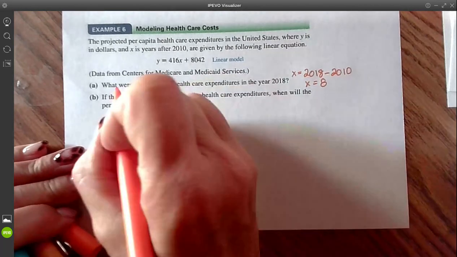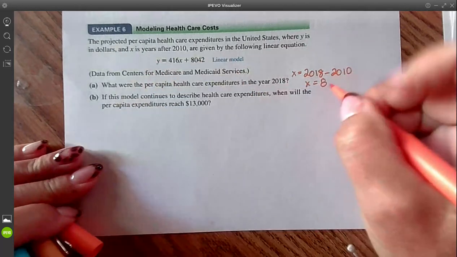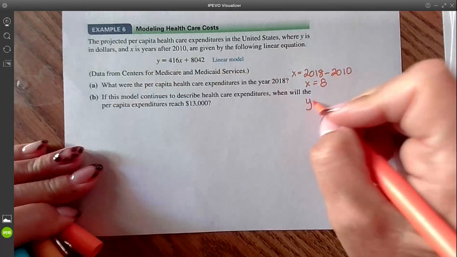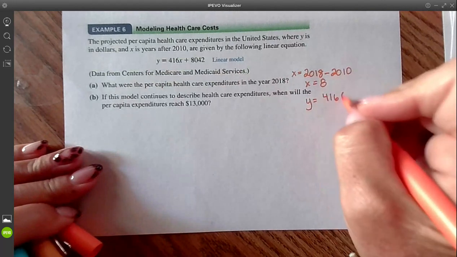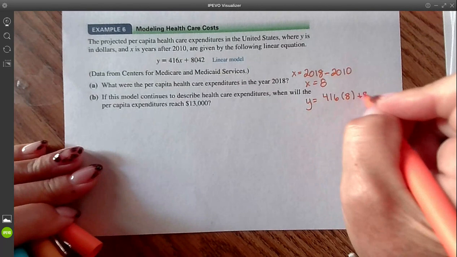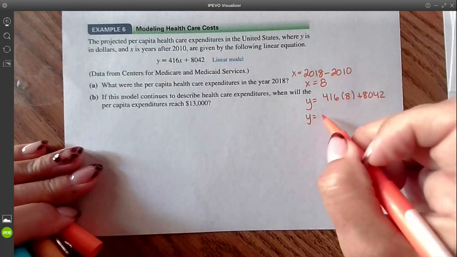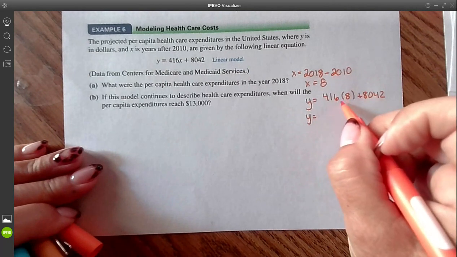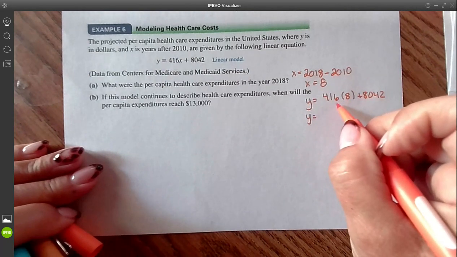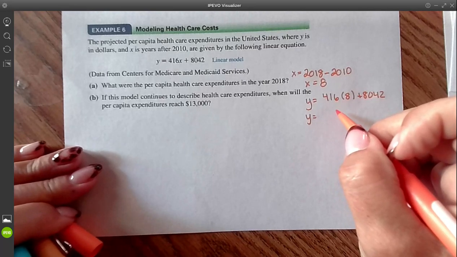So they're asking what were the healthcare expenditures? That's the letter Y. So for part A, I'm going to substitute 8 in for X. So Y equals 416 times 8 plus 8,042, which is 3,200 plus 80 plus 48. What is that?